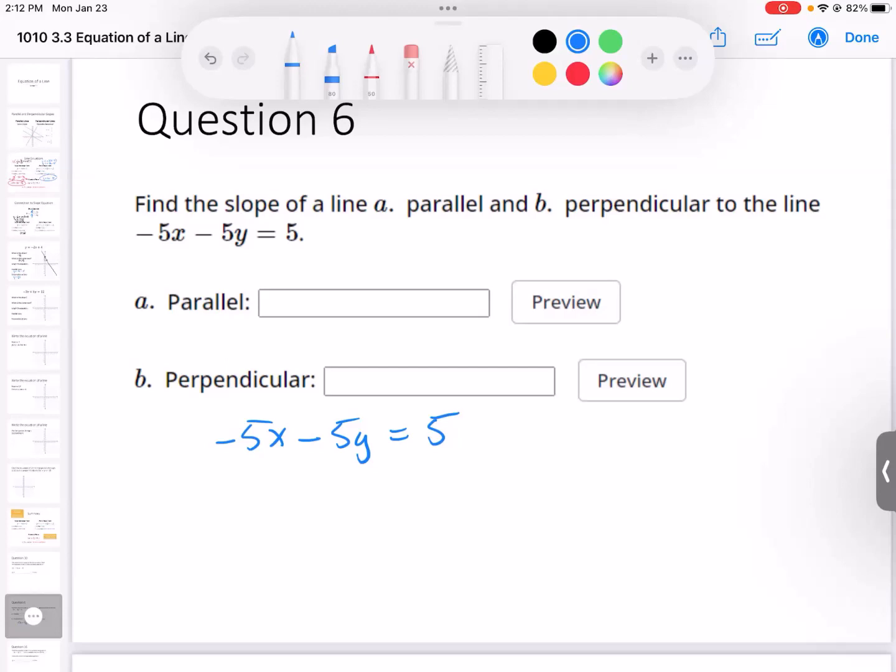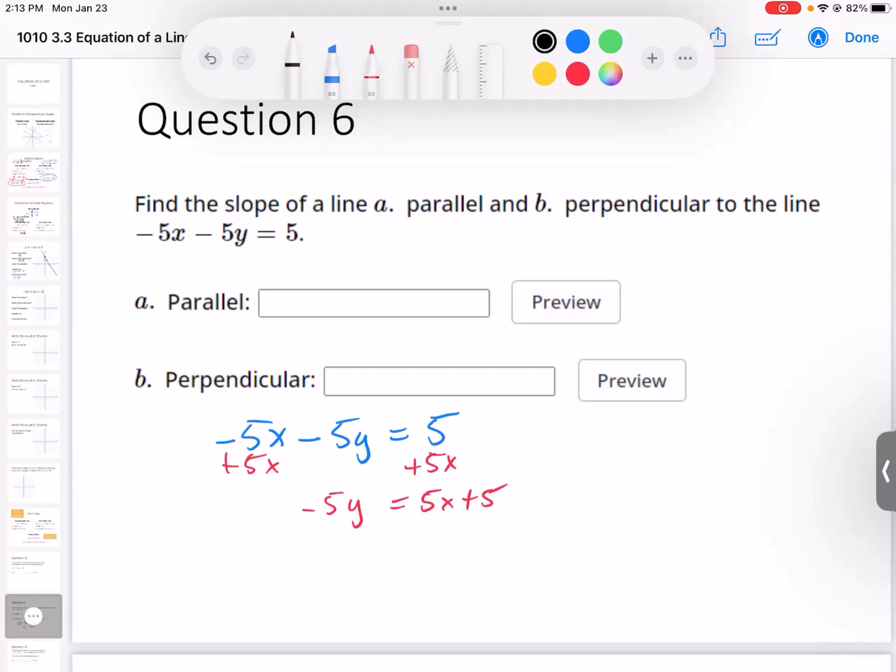So if I want to get y by itself, I have multiplication by a -5, and then I have this -5x that's being subtracted or added to the -5y. So to get rid of that, I'm going to add 5x to both sides. And that gives me -5y equals 5x plus 5.